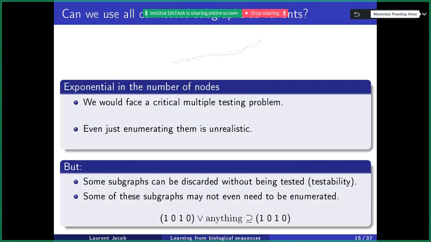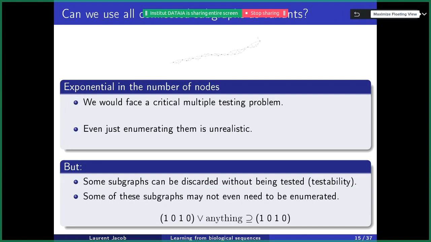I won't give the technical details, but the intuition behind what we did is that some of these subgraphs can be discarded without even being tested. It's a concept called testability that was introduced in a paper by Tarone in 1990, I think. The intuitive idea is that if you want to test the association with a variant which is present in all of your samples, then you don't even have to look at the phenotype or do any test.